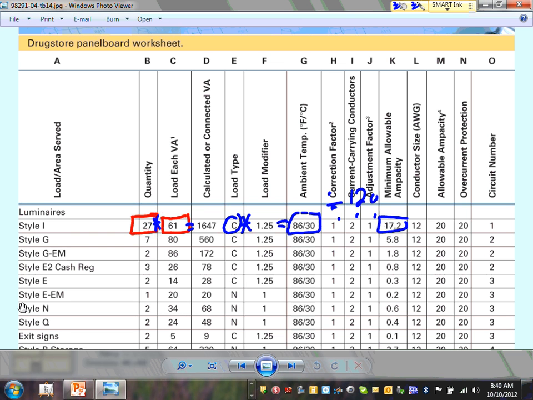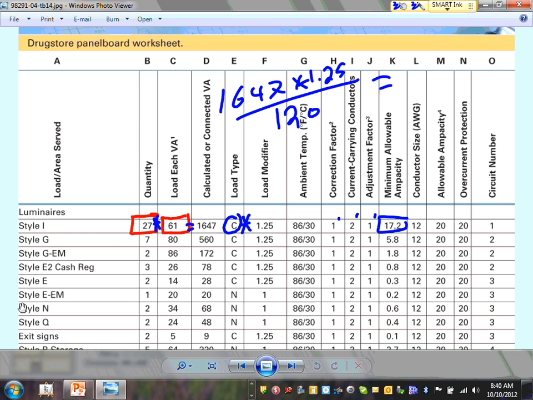If you take this number, oh, this is not the ambient temperature, I'm sorry. This is the ambient temperature. If you take 1647 multiplied by 1.25, divide this by 120, can somebody do that and tell me if you come up with 17.2?